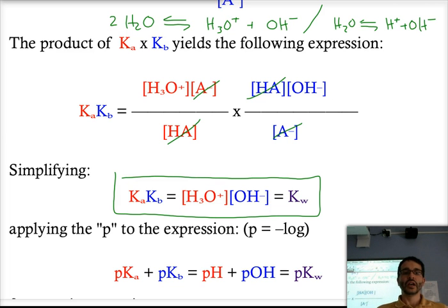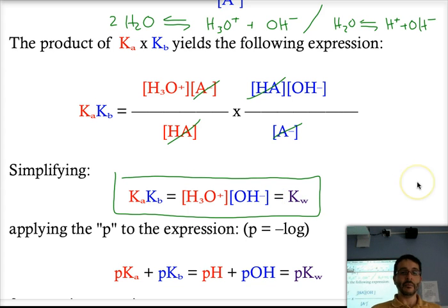So if we do the P for each one of them, all right, the negative logarithm, pKa plus pKb, which would also be equal to pH plus pOH, equals pKw, and pKw is 14. So this is another way of looking at all of this.